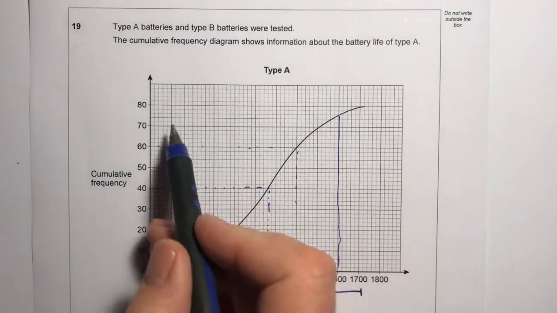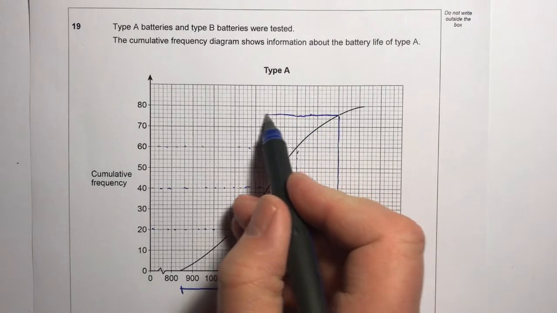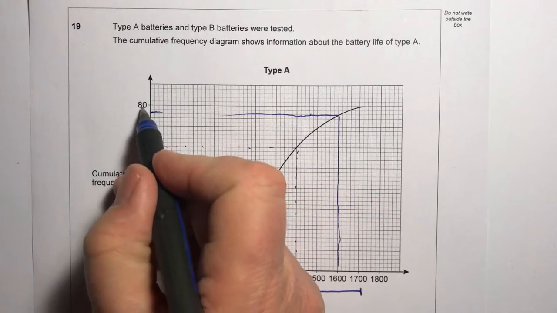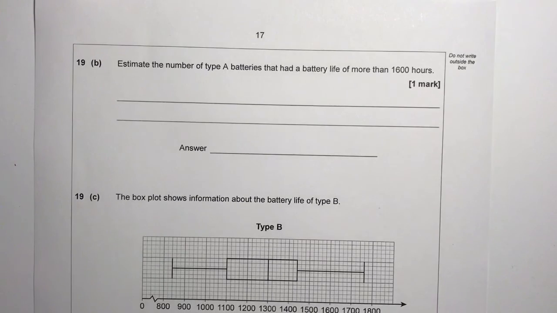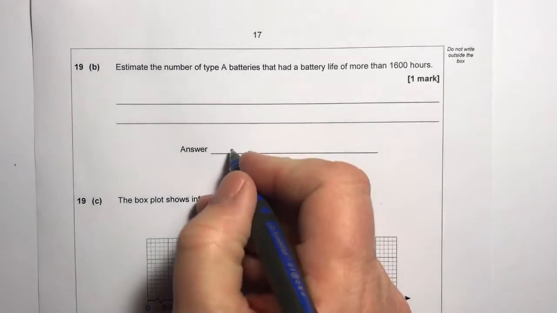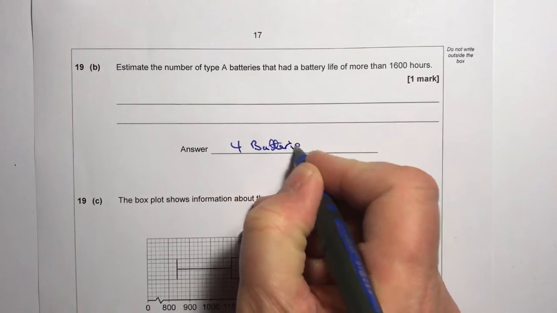If I take this across, it's the batteries in that range there. Now each of those little squares is worth 2 batteries, so for the batteries that have a battery life of more than 1600 hours, it's going to be 4 batteries. It's 2 little squares. Okay, great.